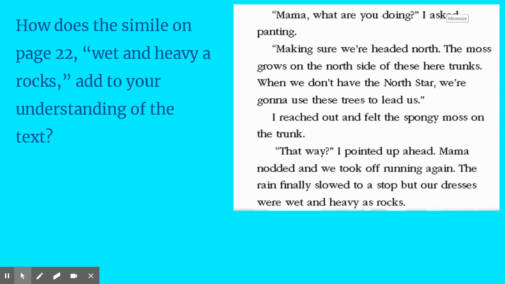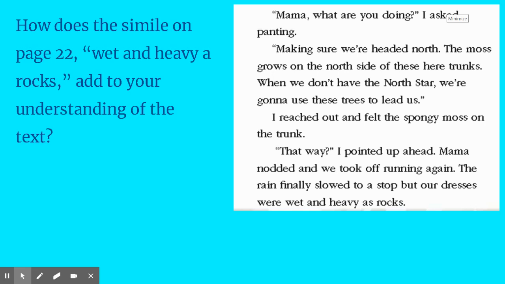All right, on to how does the simile on page 22, wet and heavy as rocks, add to your understanding of the text? So, first we have to focus on this word simile. If we don't know what simile means, we're not going to be able to answer this question. So, a simile is something that compares two things, and it always includes the word like or as.